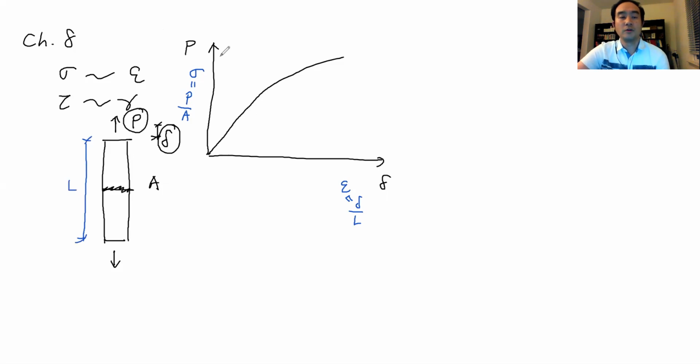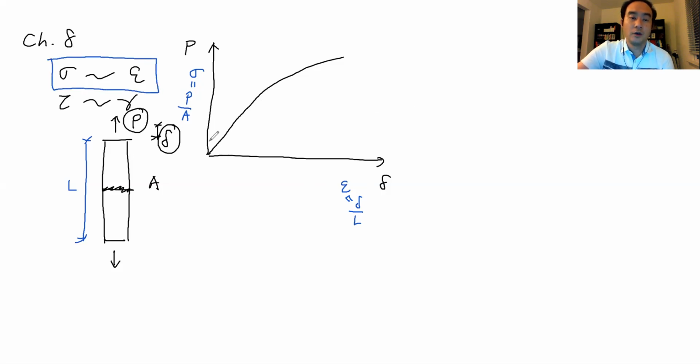If we monitor the relationship between P and delta, that relationship will be exactly the same as this sigma epsilon relationship. And this relationship tells a lot of things.